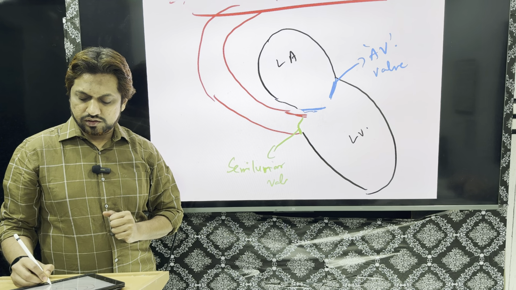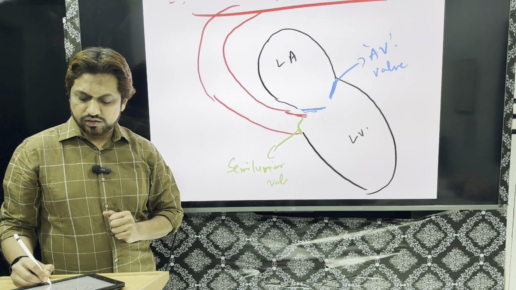So in this first part, 0.05 second, what happens is isovolumetric contraction. First, there is a closure of the semilunar valve. At the end of the atrial systole, the blood which was pumped because of the high pressure here is closed off. The atrial pressure will be more than the ventricles.